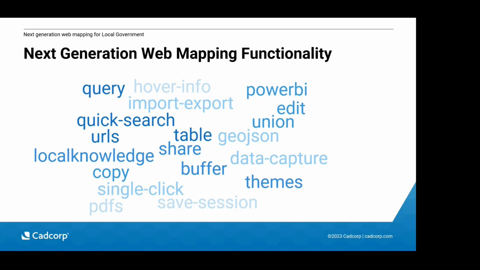Just to pick out a couple of my favorite bits, my favorite new bit of functionality is single click data capture. It's really quick and simple. And my favorite bit of improved functionality is probably publishing up to A0 in terms of PDF. So watch out for those in Simon's demonstration.